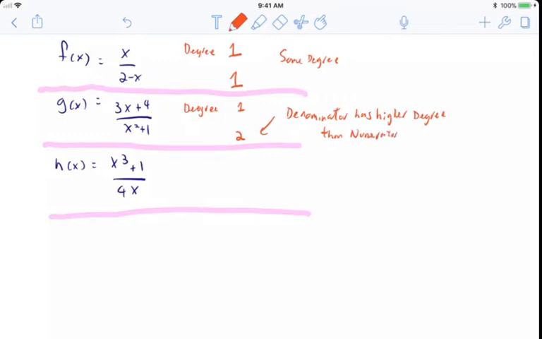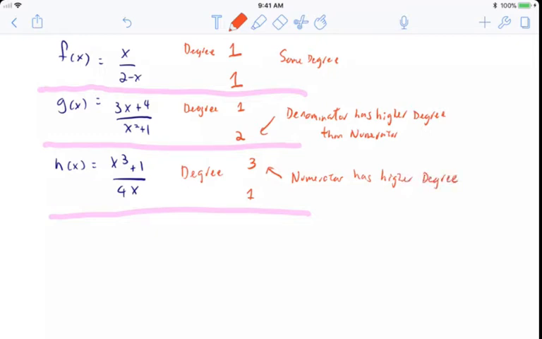And that means something. In the last one, the degree of the top one is 3, and the degree of the bottom one is 1. And so in this one, the numerator has the higher degree.